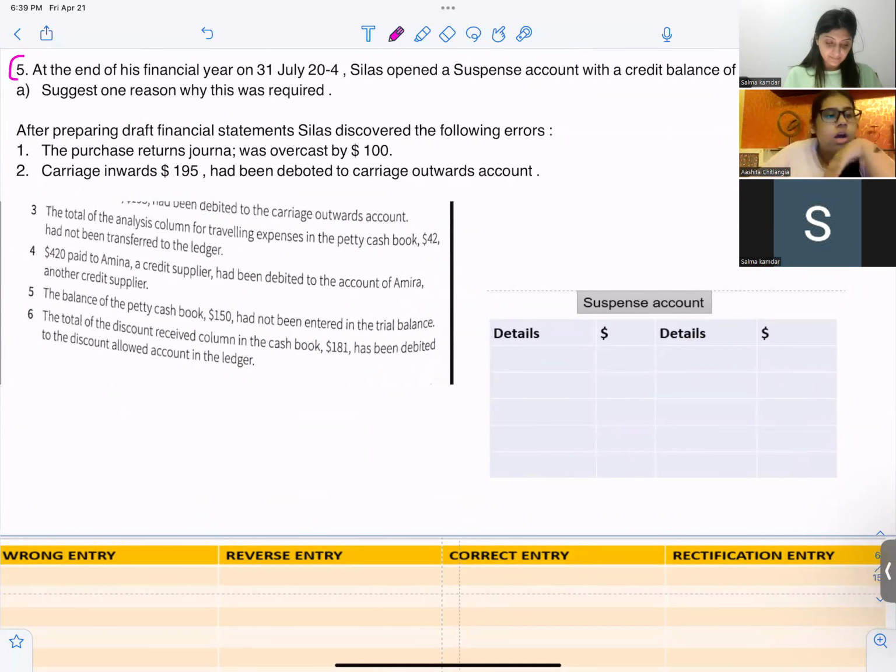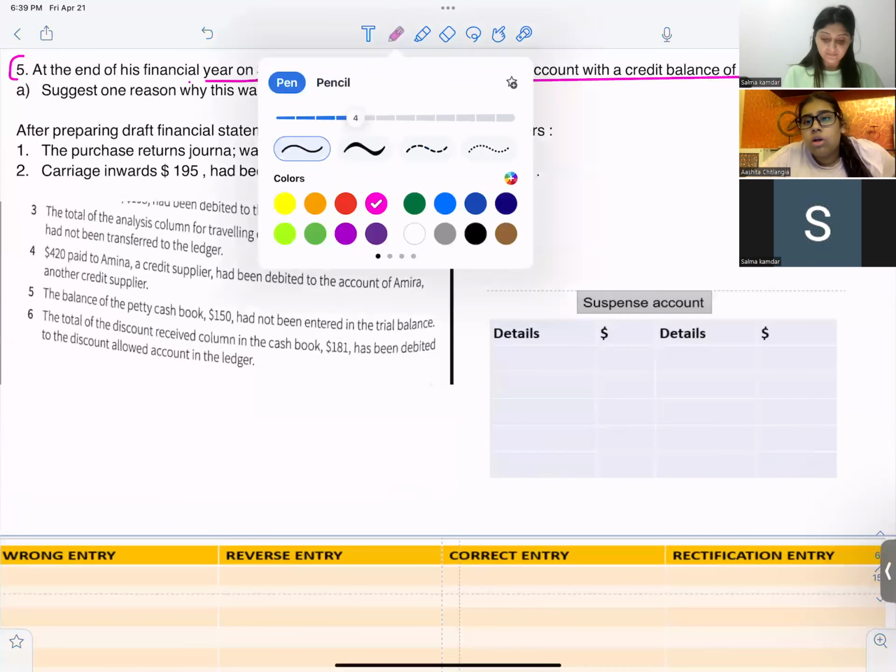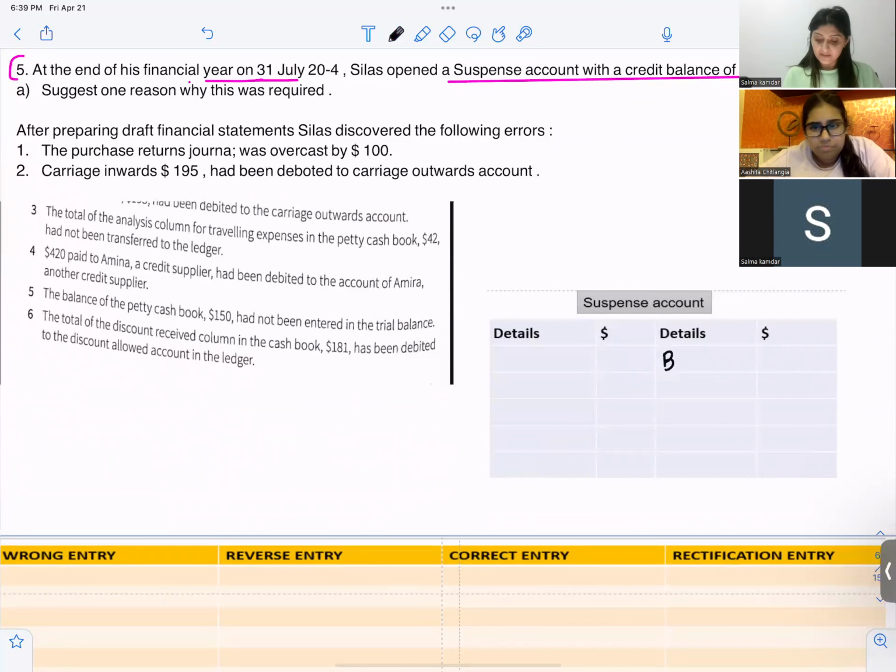The purchase returns journal was overcast at the end of the financial year on 31st July 2014. Silas opened a suspense account with a credit balance of $70. Suggest why this was required. The suspense account has a credit balance of 70. Okay, fine. First entry.